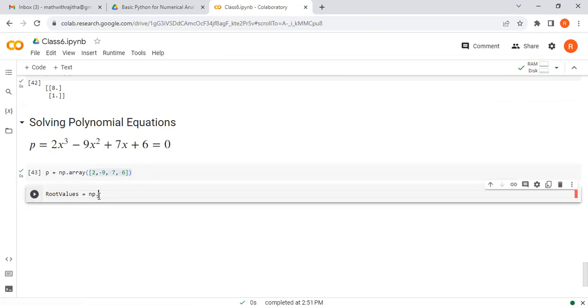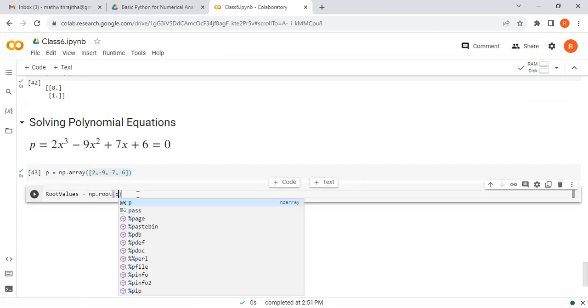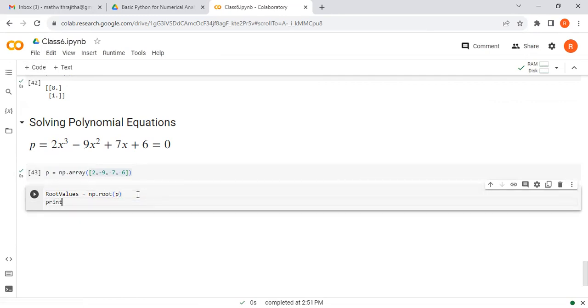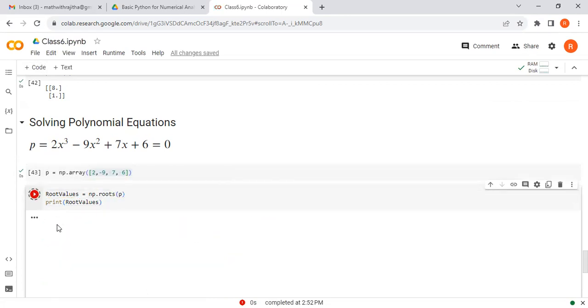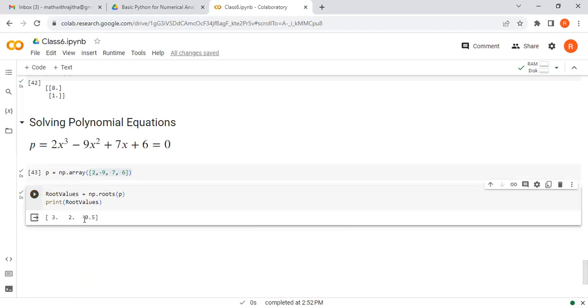So np.roots of the polynomial function p. Print root values. Okay, I have made a mistake. Here, it has to be roots, not root. 3, 2, -0.5. Is that correct?